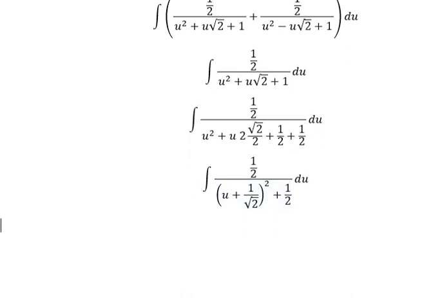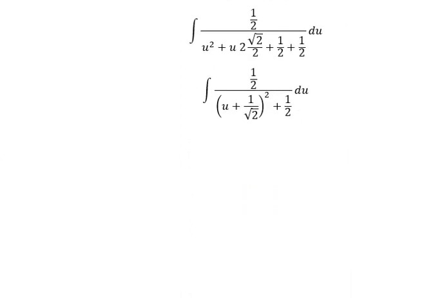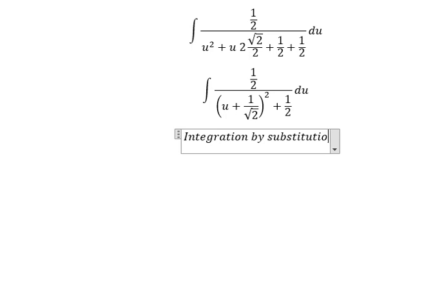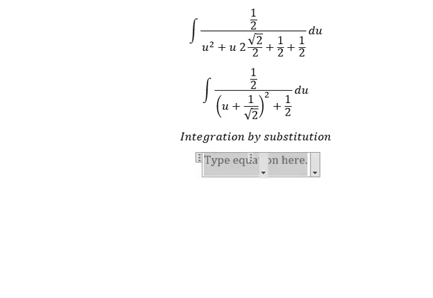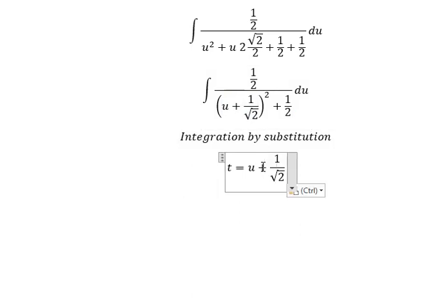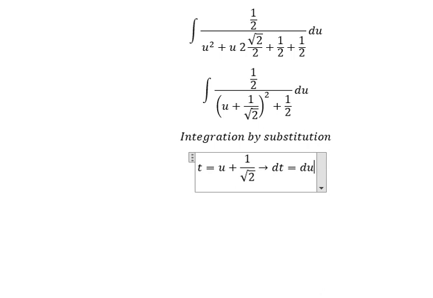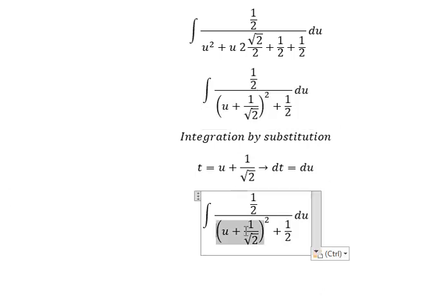Now we can use integration by substitution. So I will put t equals to this one. Later we need to do first the derivative for both sides. This one we change for t.